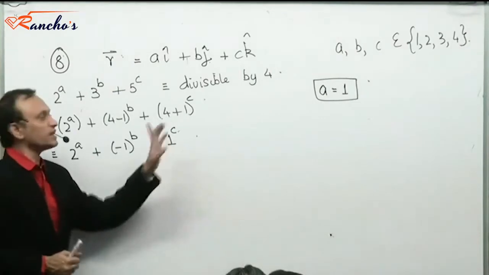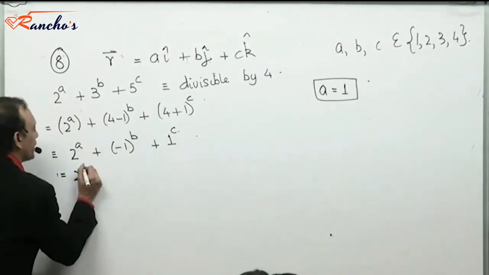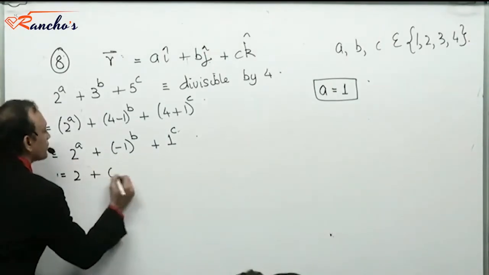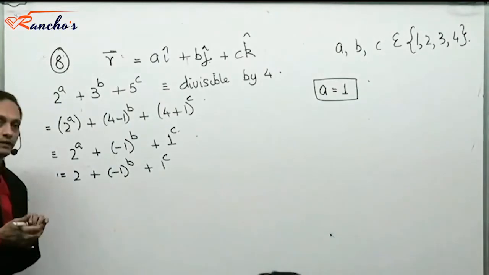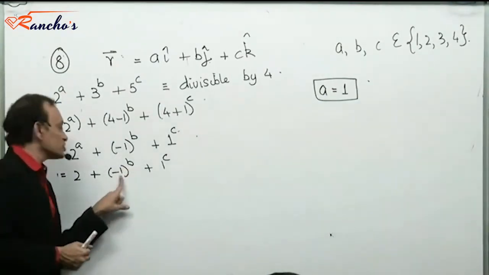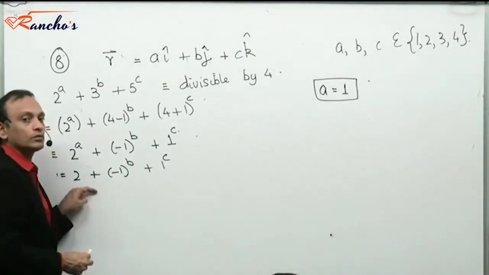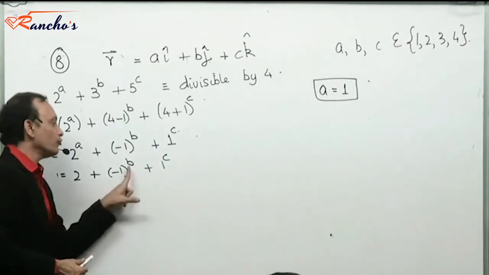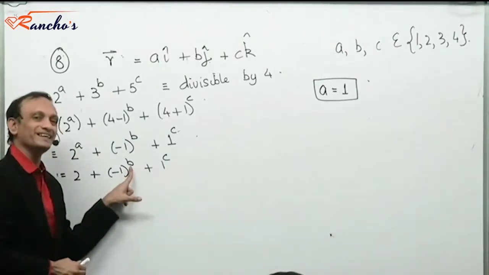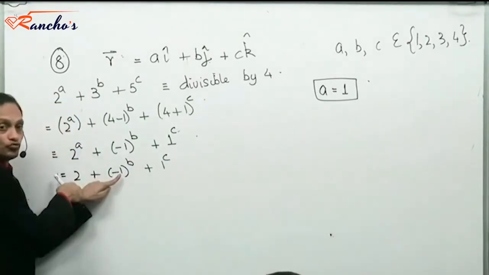If a is 1 for example, what would this become? This will become 2 to power 2 plus (minus 1) to power b plus 1 to power c. Right? Now if b is odd, this will become 0 and this will not be divisible by 4. This will become 2, so not divisible by 4. Therefore, b cannot be odd. B has to be even. If b is even, this will become 1 plus 1, 2 plus 2, 4.